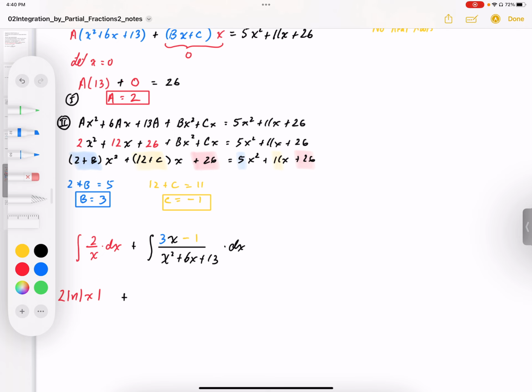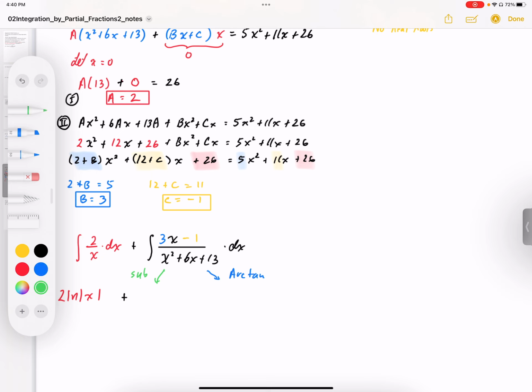Okay, so I'm going to do this in green. This is going to split up into its substitution, and then another portion of this will split up into its arctan. So we have to do the substitution part of this first.